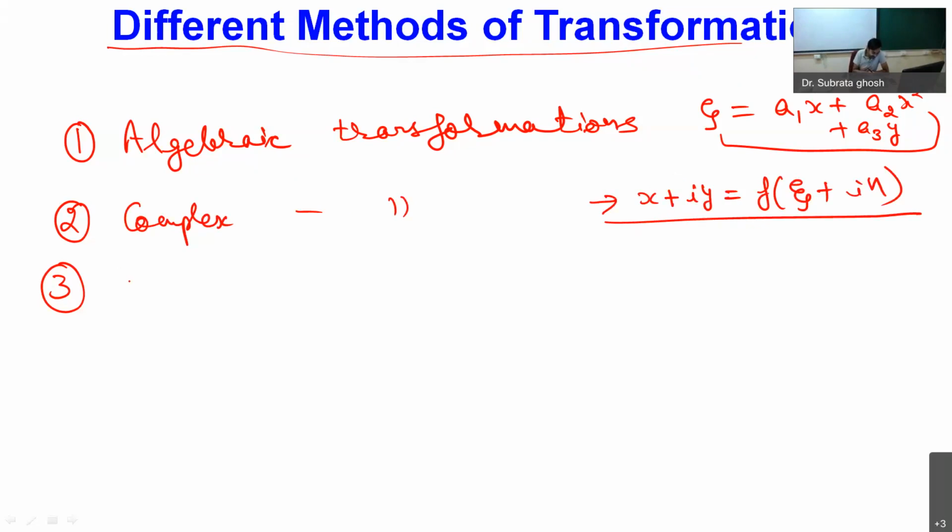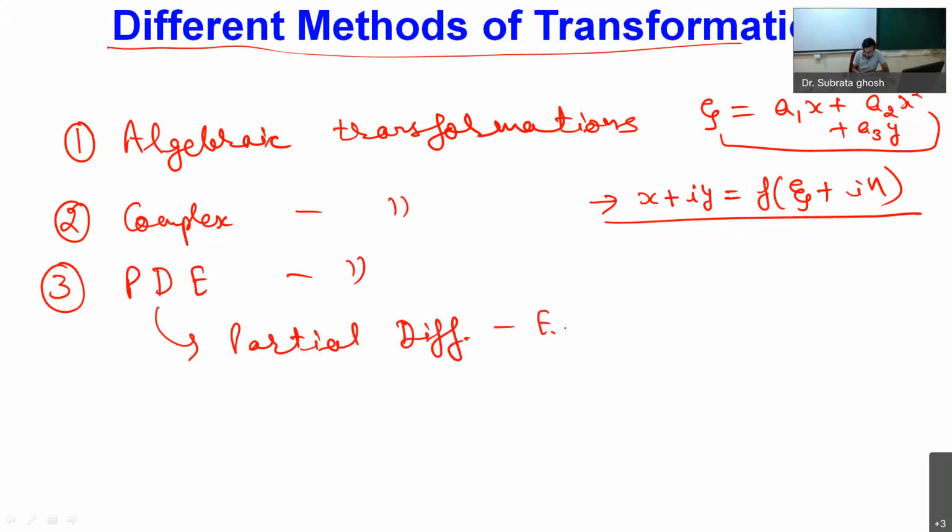And the third type of transformation is PDE based transformation, where we have some partial differential equation, and that differential equation represents transformation from one coordinate system to another, for example, xy coordinate system to zeta eta coordinate system.